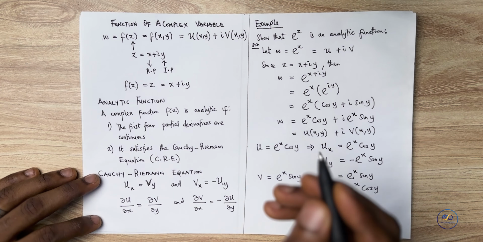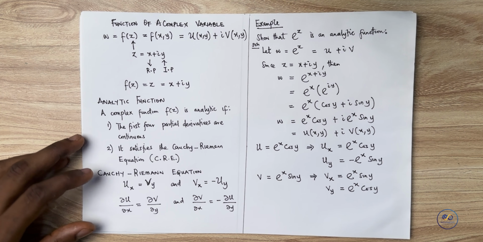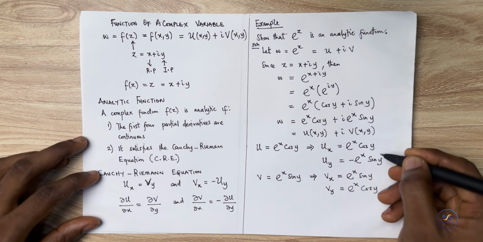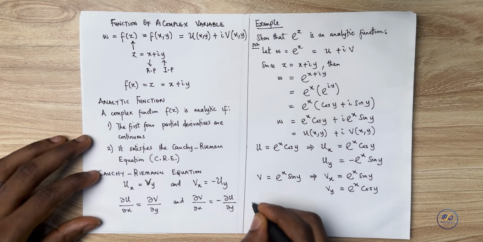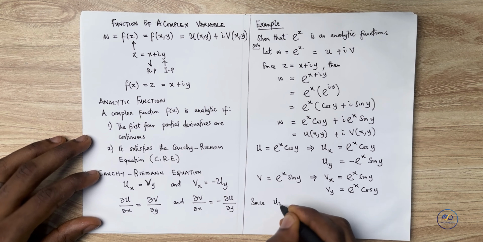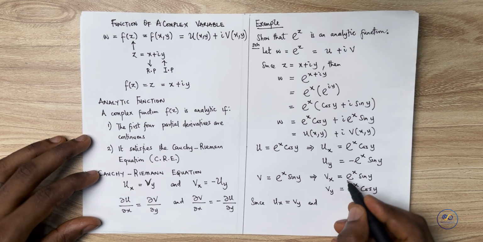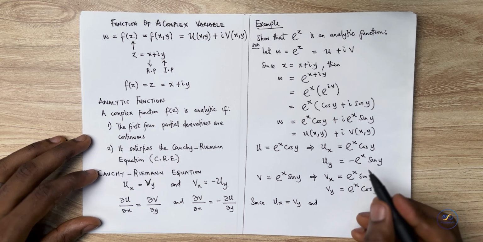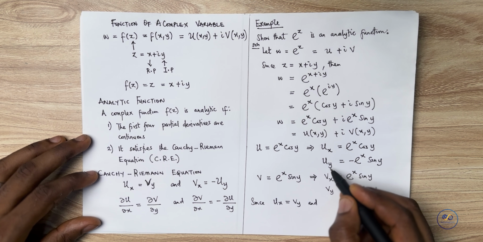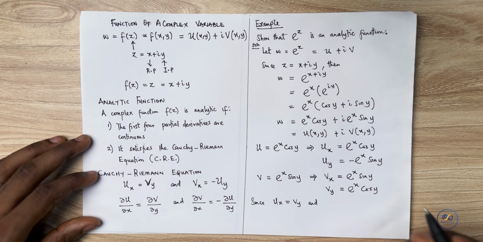So first condition checked. Now, do they satisfy the Cauchy-Riemann? Is u_x equal to v_y? Look at the right hand side. It's the same. So since u_x is equal to v_y, what about the other condition? Is v_x equal to minus u_y? Yes, because if you take this, u_y in this regard is minus v_x. So we are good.